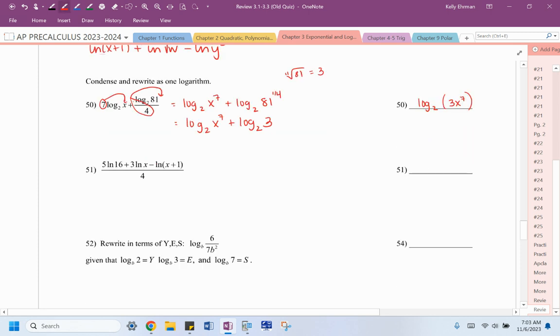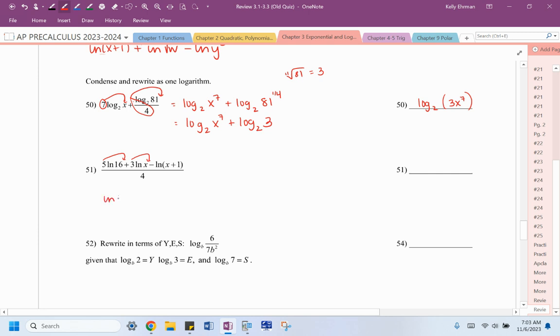And just like in 50, divided by 4, again, that just means these are all underneath a big 4th root. So you could write this so that they're all to the 1/4, or you could just say, I'm just going to do this. Put my exponents on first. I do not expect you to calculate 16 to the 5th. Just write it as 16 to the 5th.